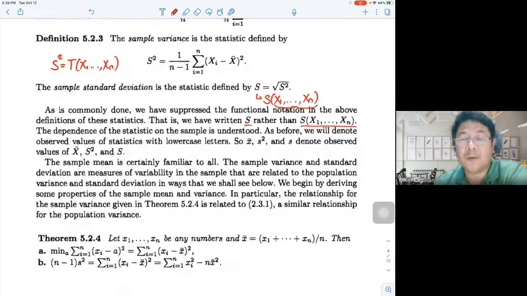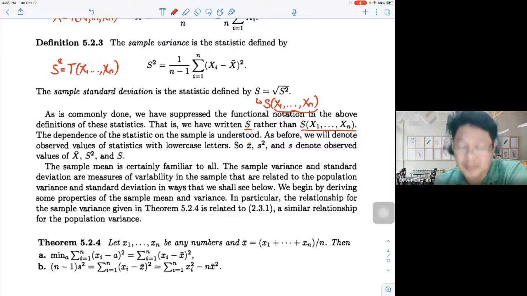Having these summary statistics, we consider the realized value of the sample mean as small x bar, the realized value of our sample variance as small s squared, and for the sample standard deviation, we have small s.